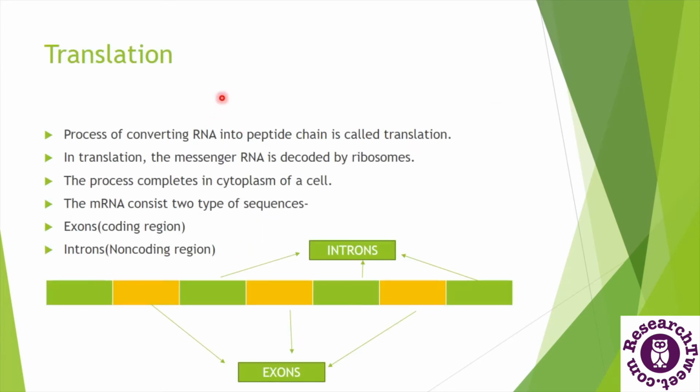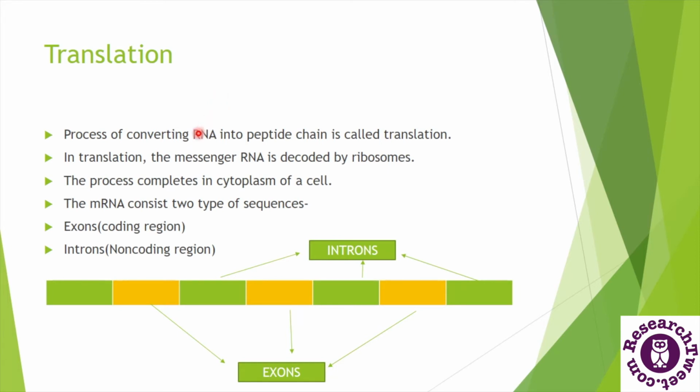Now let's understand the overview of translation. After the completion of transcription, the mRNA molecule moves out from the nucleus and comes to the cytoplasm of the cell. Here, with the help of ribosomal units and ribosomal RNA, the triplet codons of mRNA are converted into a polypeptide chain or protein molecules.